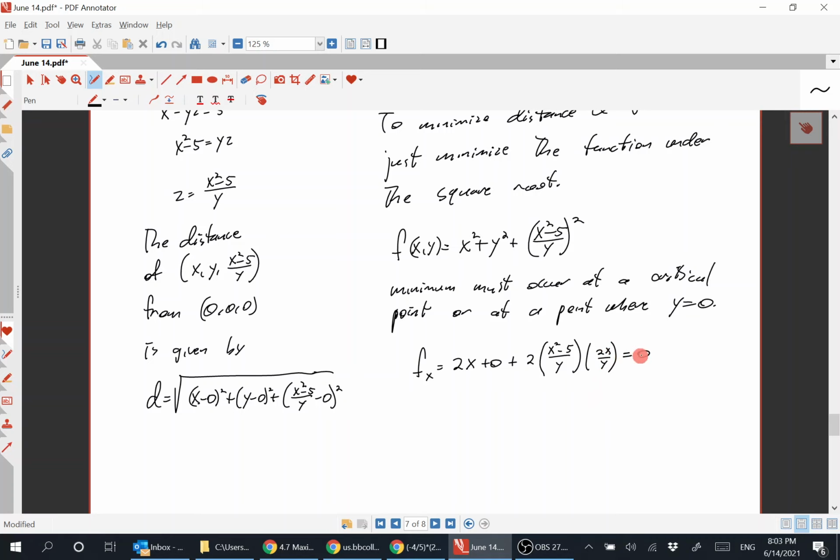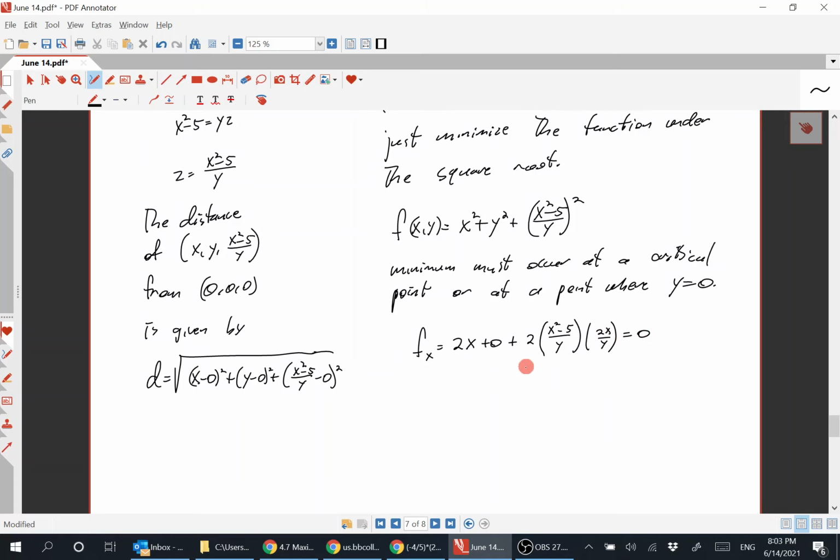Setting that equal to 0, we get 4x times x squared minus 5 over y squared equals 0.